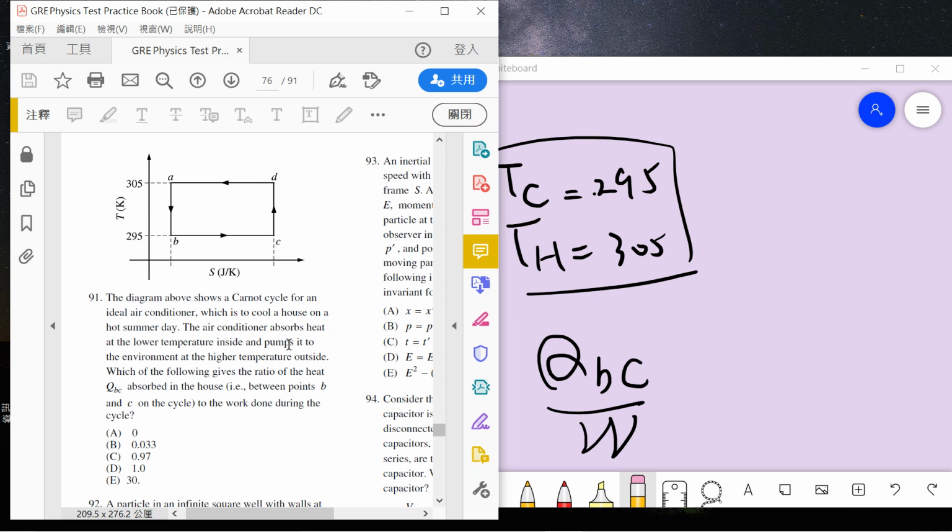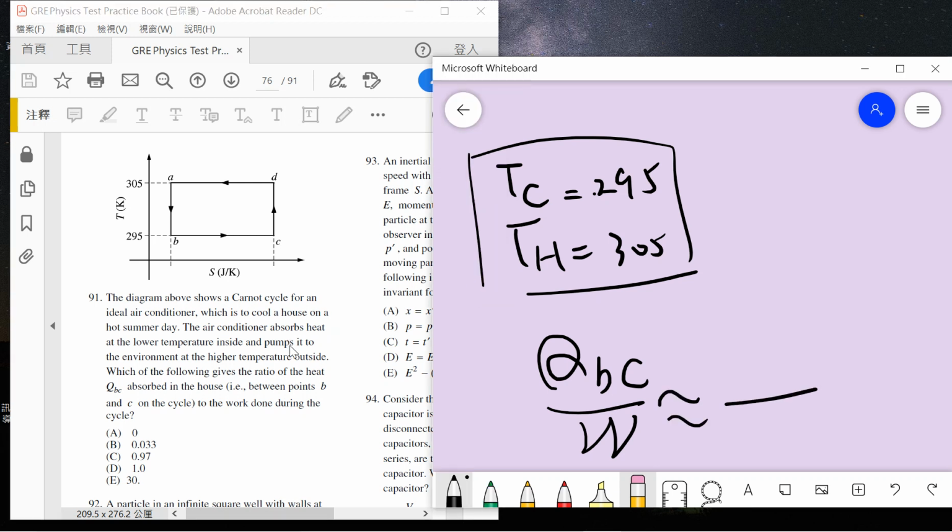There are two heats in the Carnot cycle. One is in the cold part, and one is in the hot part. You're asking about this QBC, so basically he's asking about Q of cold divided by W. This is the ratio you want to find.